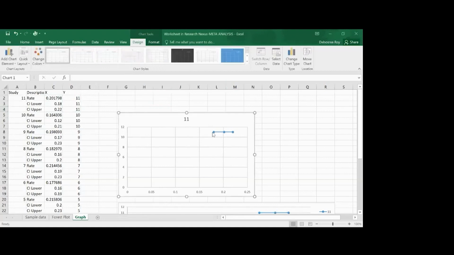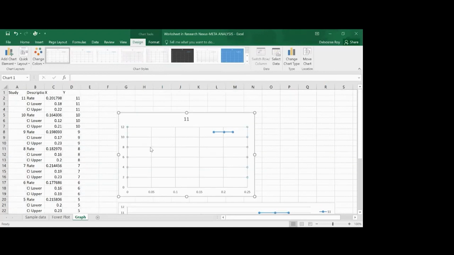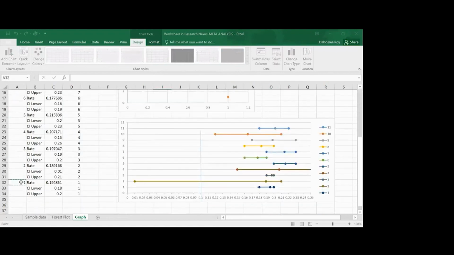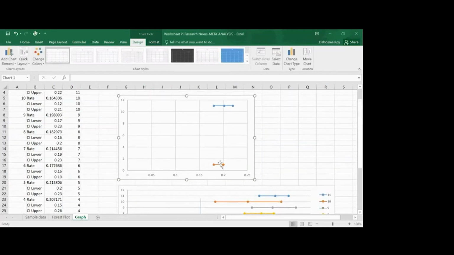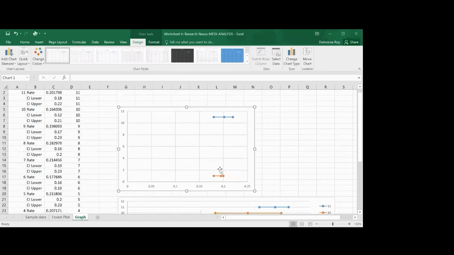So this is your first, and I'm not going to repeat the whole thing, but if you have to keep on adding, then again, select data, add, and I'm going to add the first one. So you have your forest plot here. I just used the first study and the combined effect.